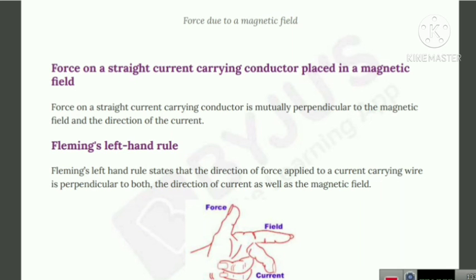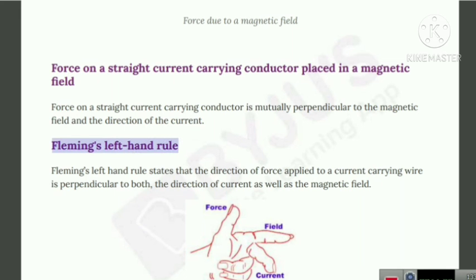Experiments have shown that the displacement of the rod is largest, or the force produced by the magnetic field is the highest, when the direction of the current is at right angles to the direction of the magnetic field. In such a condition, we can use a simple rule to find the direction of the force on the conductor, and that rule is called Fleming's left hand rule.